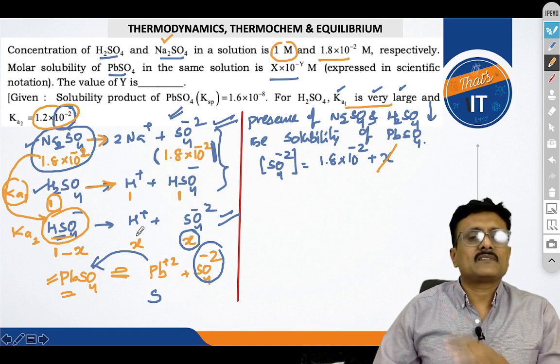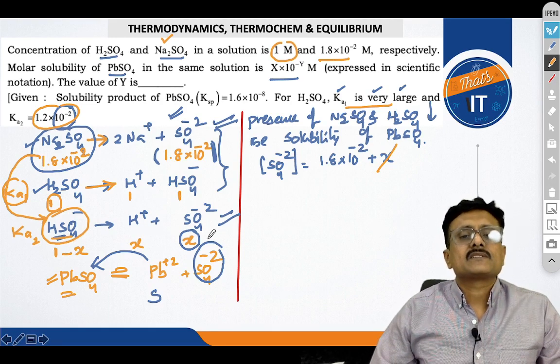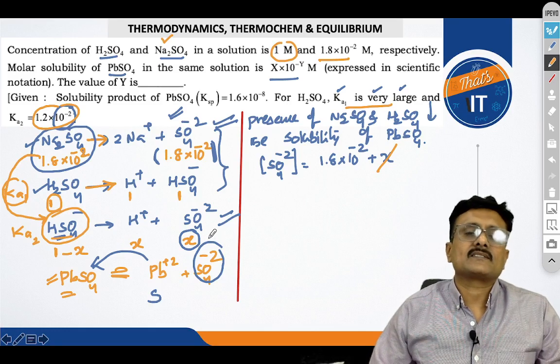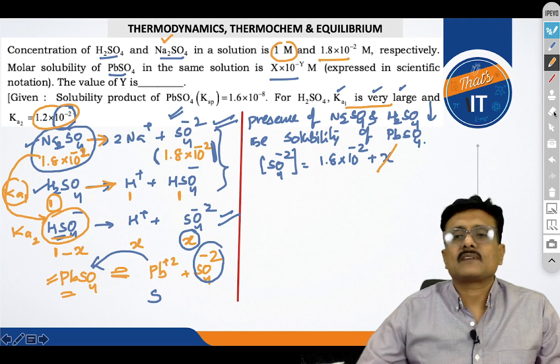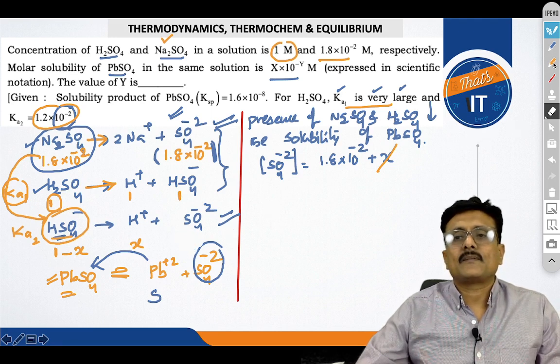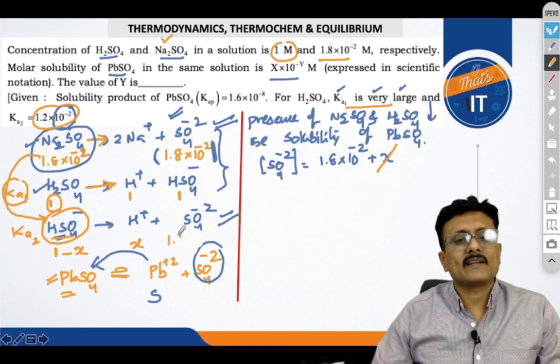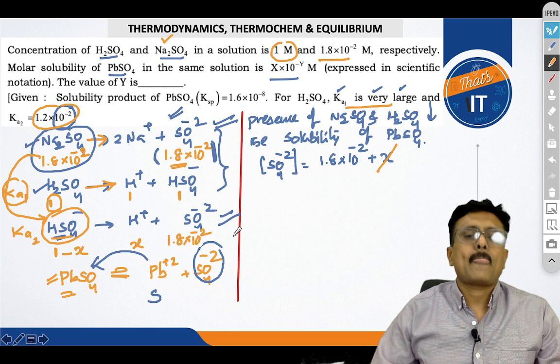So because of this, what will happen? The equilibrium would be shifted in the backward direction, isn't it? Let's assume that it has shifted in the backward direction. That means I will take the total concentration of the sulfate ion here as 1.8 into 10 power minus 2 only.